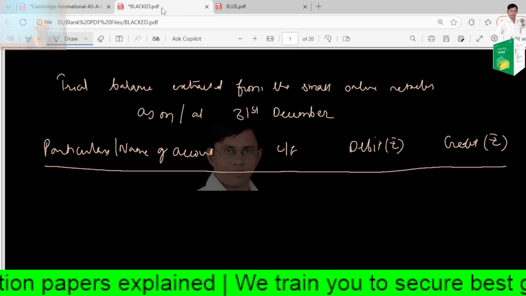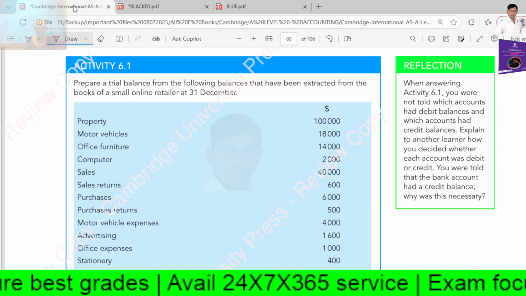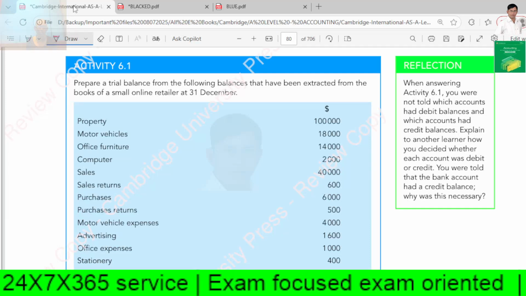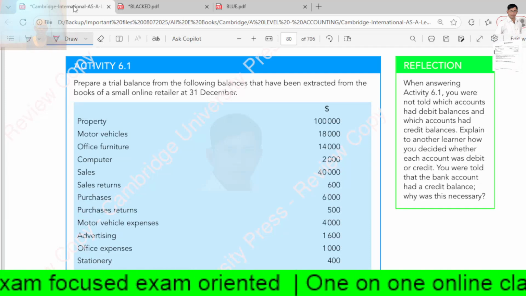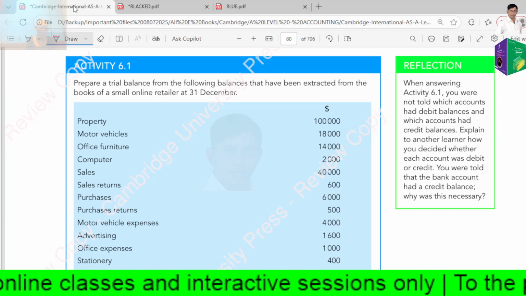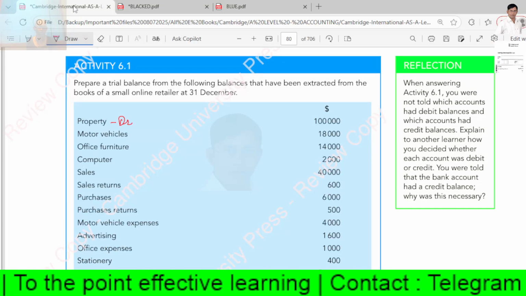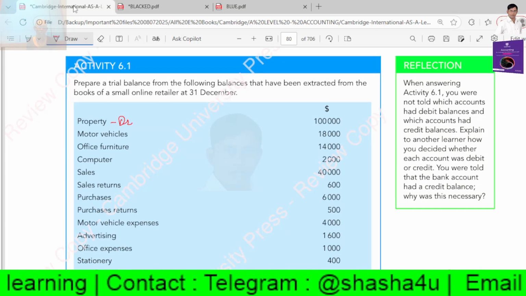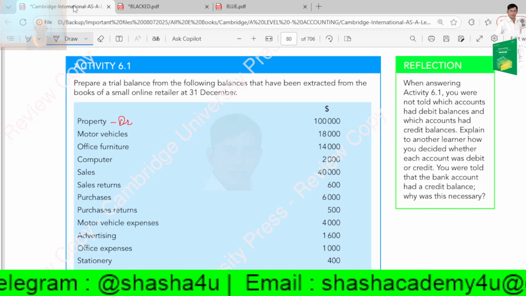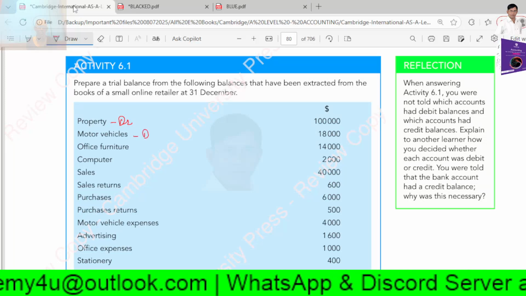So let us start. Before starting, property, what is property? Property is an asset. Asset always shows a debit balance. Motor vehicles is an asset, always it shows a debit balance.